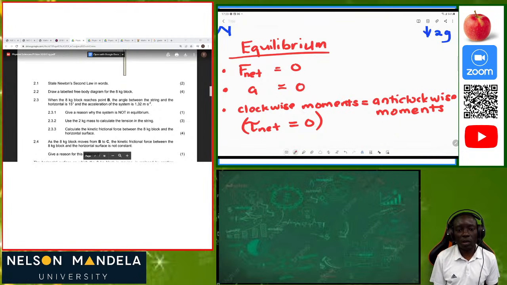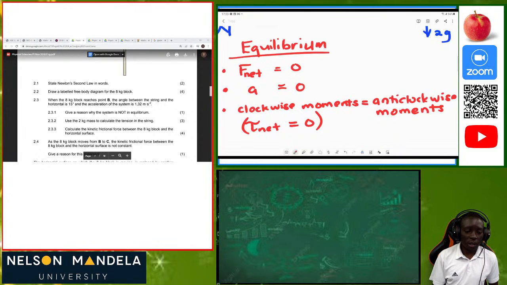The moments will also be equal for clockwise and anti-clockwise. Or maybe forces to the right equal forces to the left, forces upwards are equal to the forces that are downwards. So that is F net, the resultant net force, or the unbalanced force, is equal to 0. So this is the condition for equilibrium.